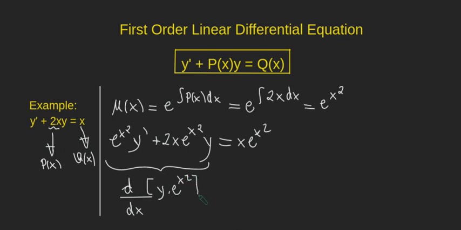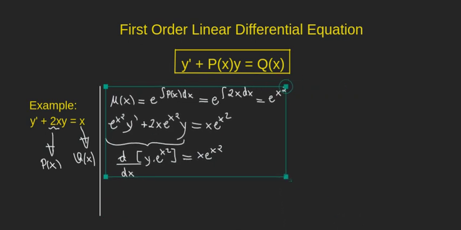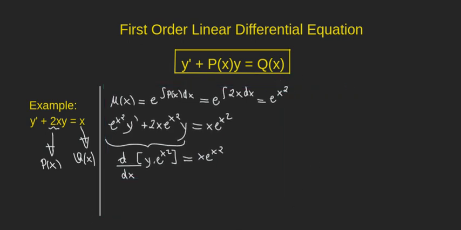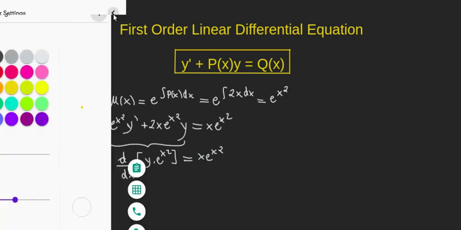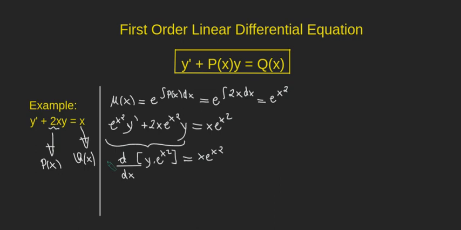This is on the left side, and on the right side I will just copy it again. Let me resize it here in order to gain more space. Now let me change color and integrate both sides. I'm going to integrate this side and this side.